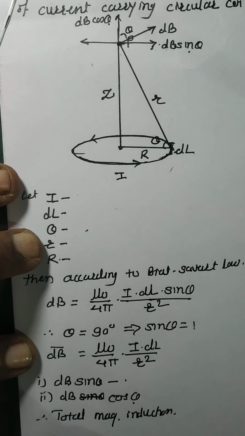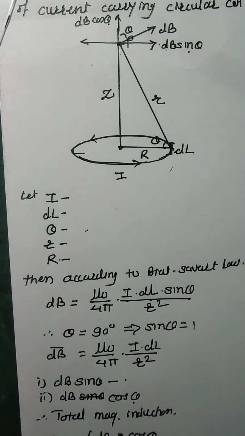Therefore total magnetic induction B is equal to the integration of dB cos theta. Here only the vertical component is present, which adds up. Put this value here, we get integration of mu naught divided by 4 pi into I into dl divided by r square into cos theta.